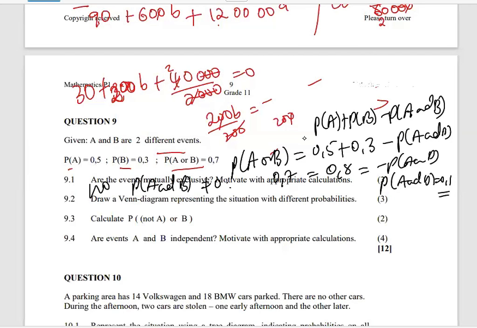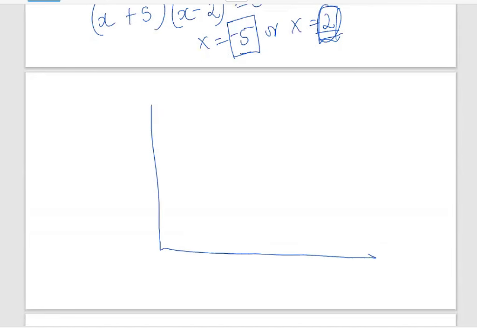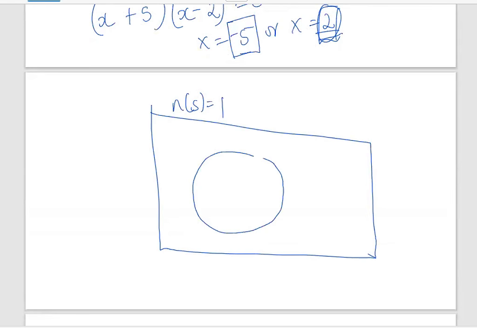They want us to draw a Venn diagram to substantiate what we have. Okay, so if I put my Venn diagram this side, remember we're dealing with decimals. So our sample space is 1. That is A, that is B. We found 0.1.